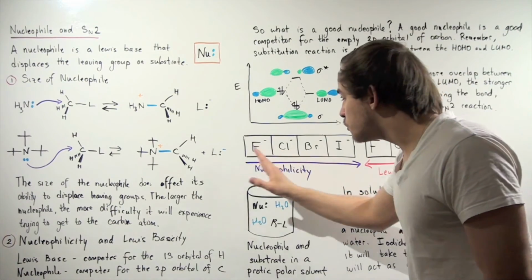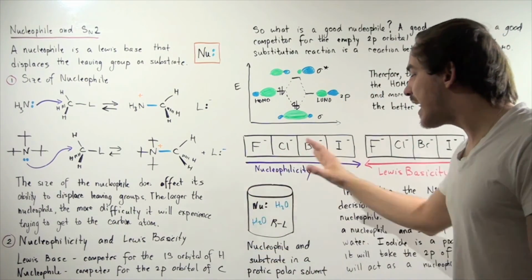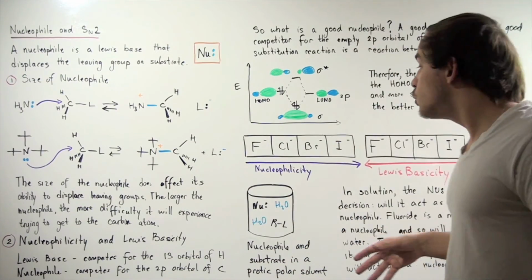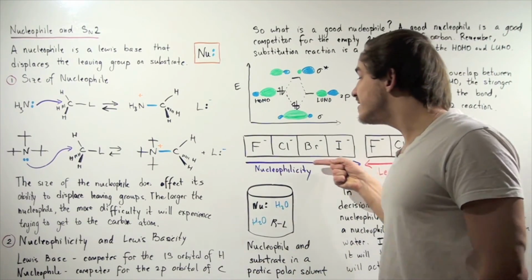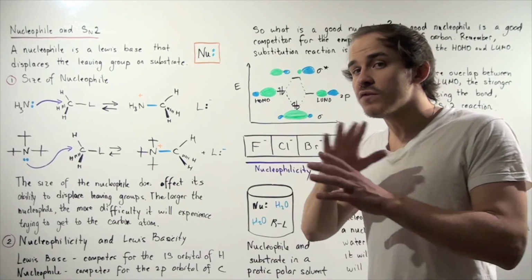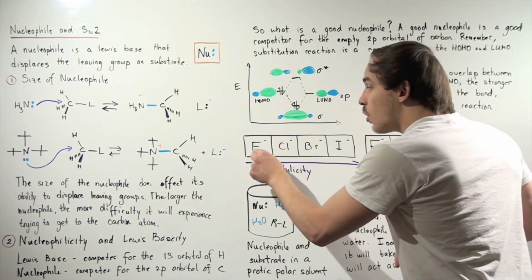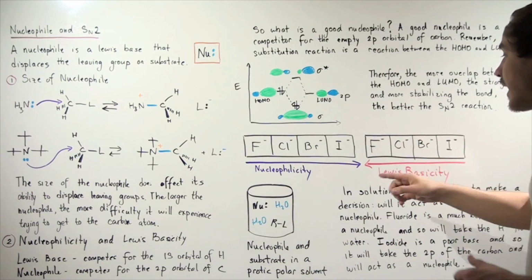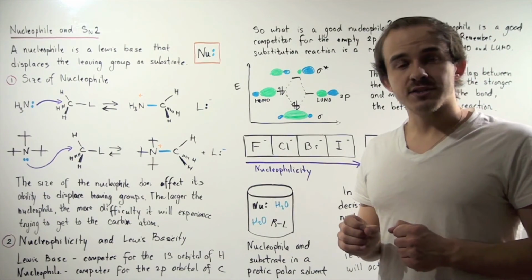Now, if we remove the solvent, if our reaction takes place in the gas state without the solvent, nucleophilicity will increase this way. If we remove the solvent, our fluoride atom will be the best nucleophile, and our fluoride will also be the best Lewis base.